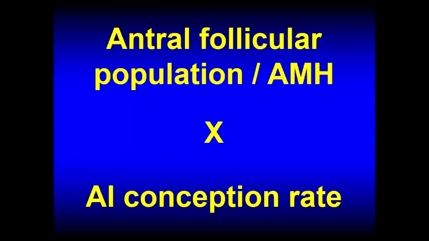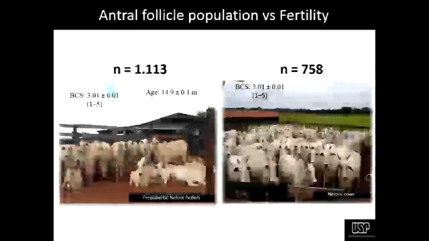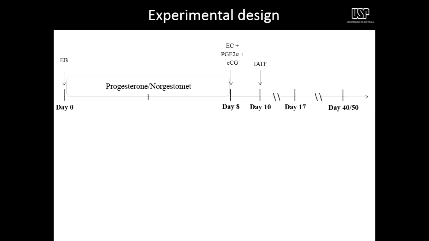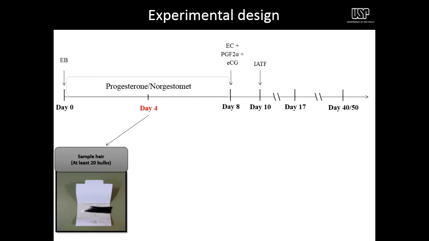We did also another experiment, to try to understand the AMH and the AI conception rate. So we used in this experiment 1,100 heifers and 700 cows. It is difficult to do because we synchronize the animals. On day 5 of synchronization, my students come to the farm and take a hair sample for DNA analysis.